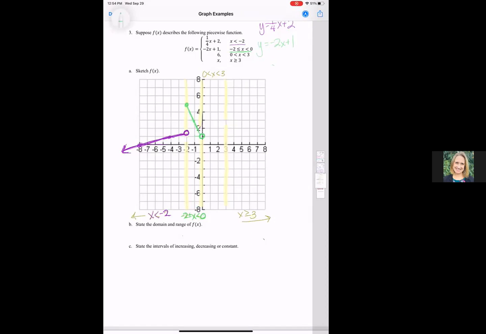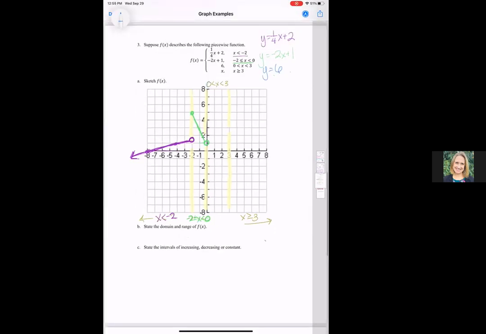My next piece, my second piece now is y equals 6, and I want that between 0 and 3. And so y equals 6 is just a horizontal line.